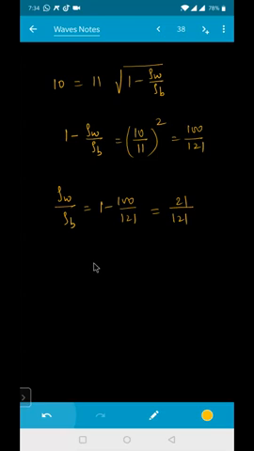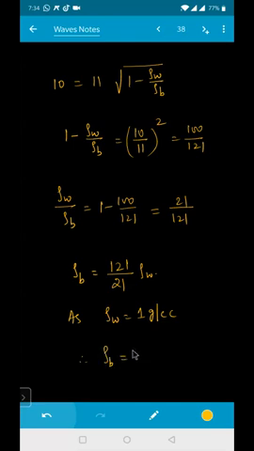Okay, now. The density of the body will become 121 divided by 21 into density of water. Clear? Density of water is 1 gram per cc. So the density of the body will be equal to 121 divided by 21.